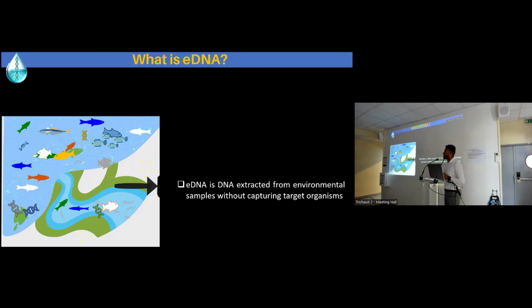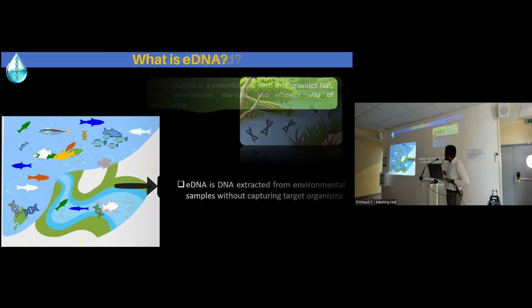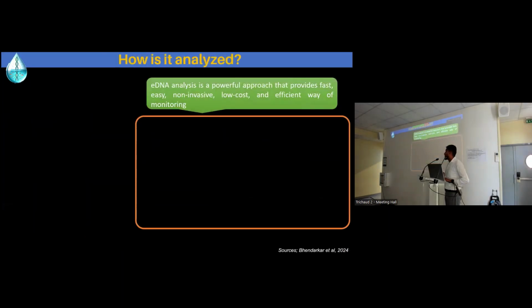We can just collect that genetic DNA and find out which species are there. You can see this picture and clearly see. This is totally non-invasive and cost effective. You can just take water and get the species. So is it only taking water?